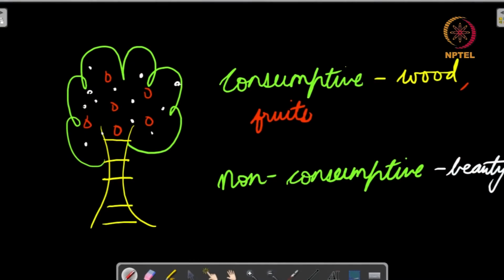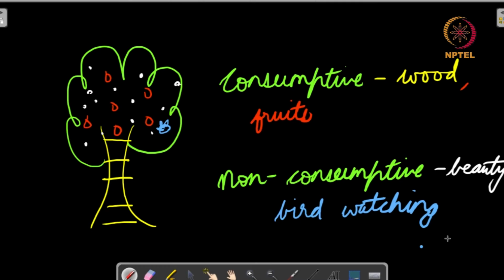Similarly, if there is, say, the nest of a bird on this tree, and this nest has young ones, and the mother bird is bringing food and feeding the young ones. Now in this case, we can decide that okay, we will leave this tree as such. We are not going to disturb the birds, but we are going to use this tree for bird viewing or bird watching.